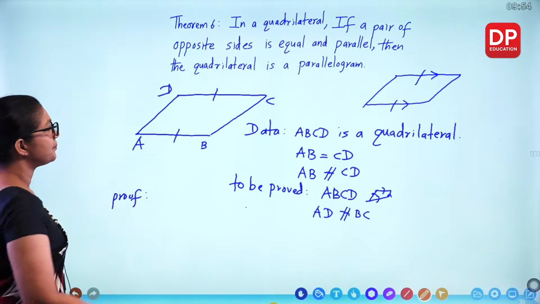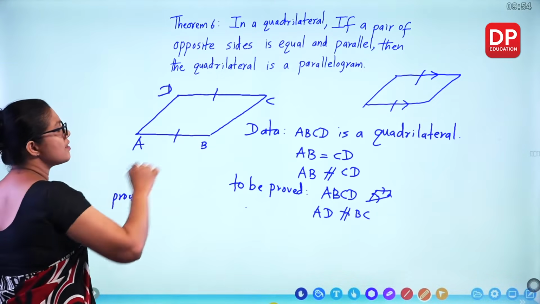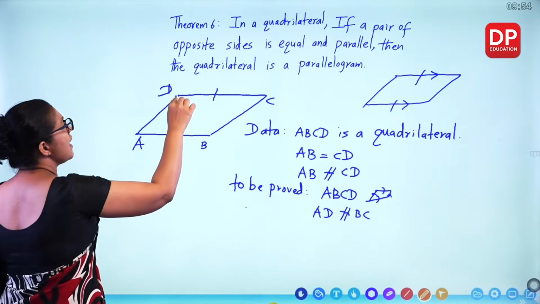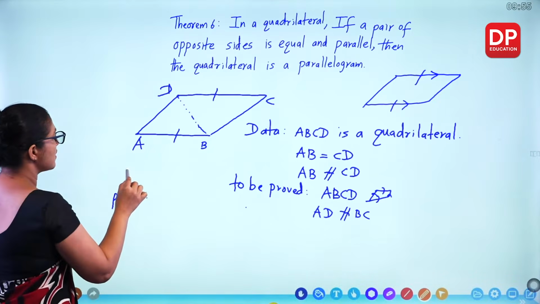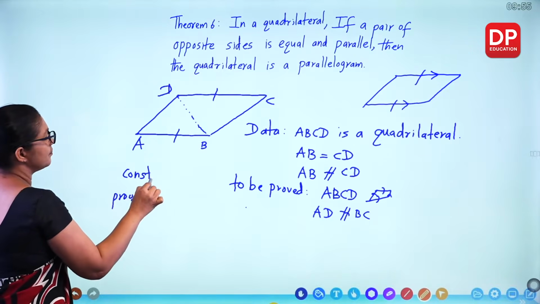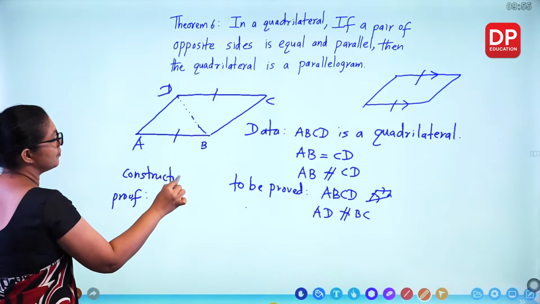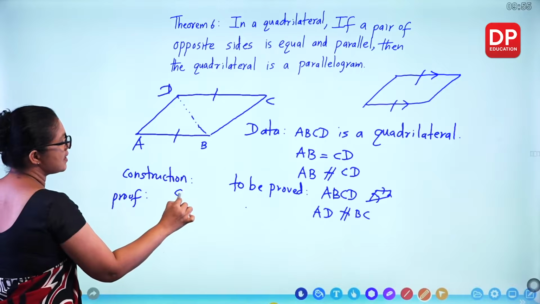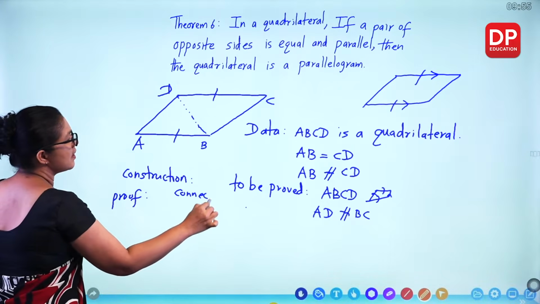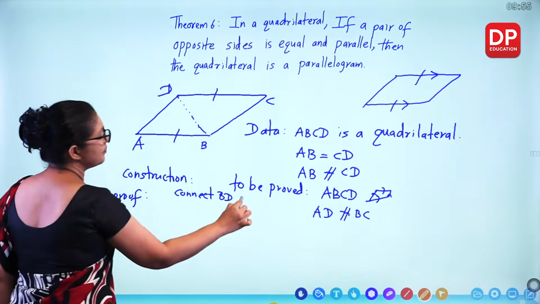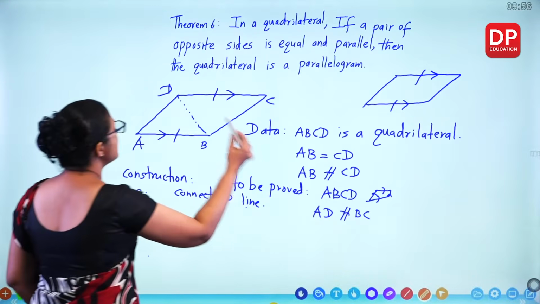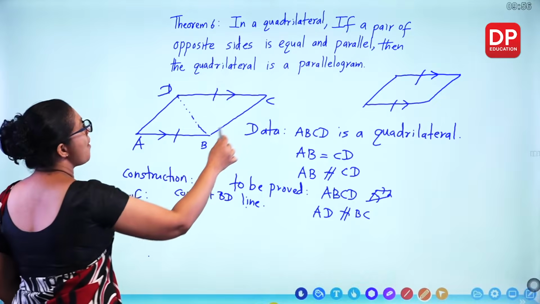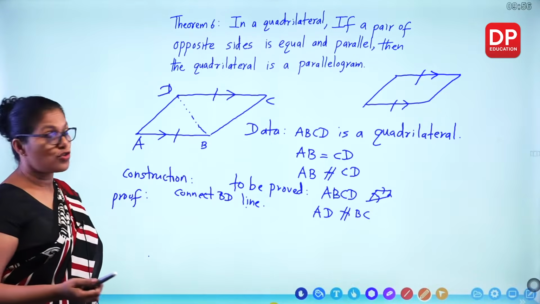We'll take a construction. I can connect this line. So I'll draw a construction. Connect BD line.